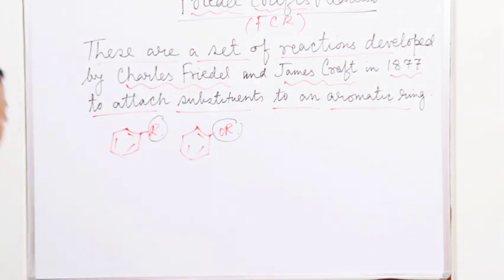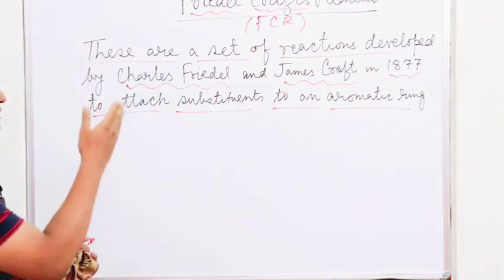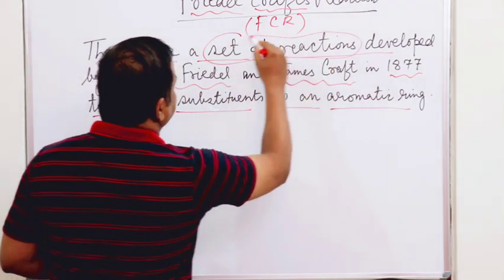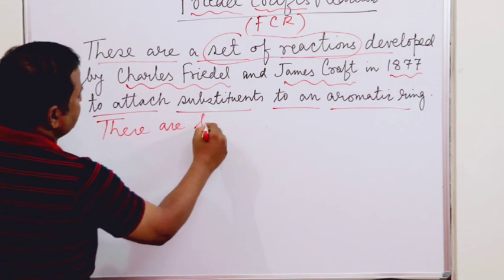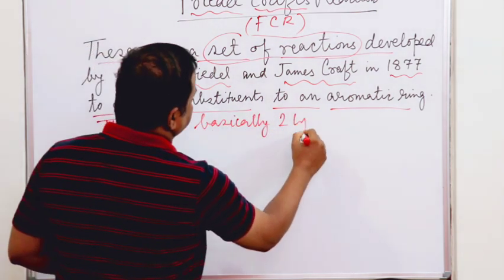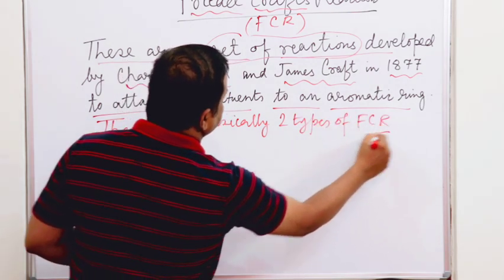Now the next thing is, as I have already written here, these are a set of reactions. Actually there are basically two types of Friedel-Crafts reaction. I'm writing FCR in short.